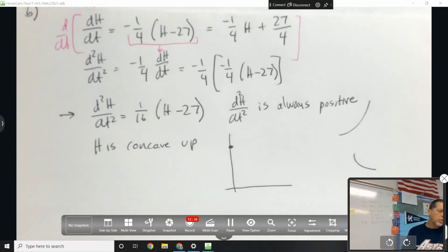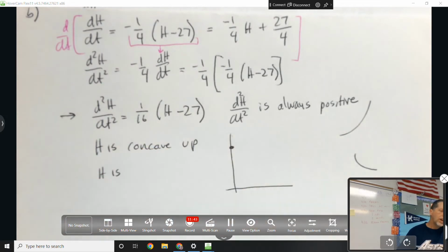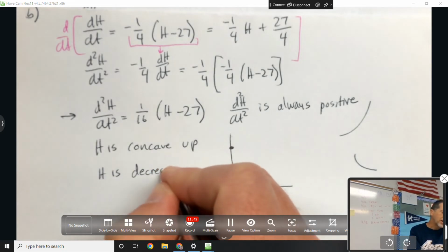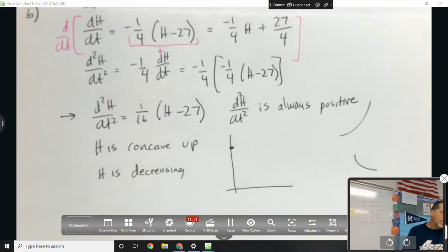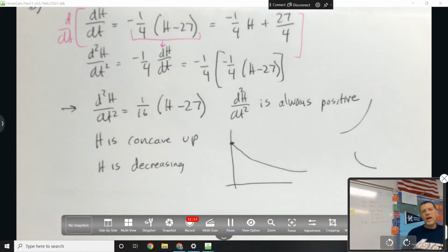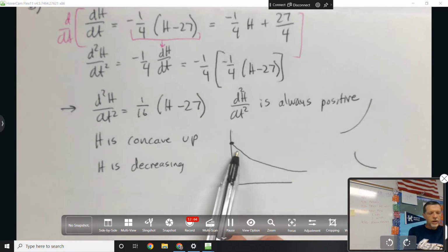Which one are we doing here? Is h increasing or decreasing? It's decreasing because we took it out of the oven and now it's cooling down. So I need h to be decreasing but concave up. So something like that. And that looks like a temperature would: immediately it's cooling quicker, and as it gets closer to room temperature it doesn't cool as fast.